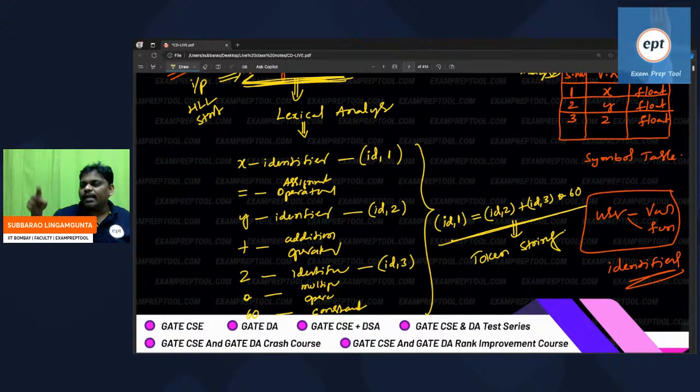Whenever scanning is going on, the scanner will identify: oh, it is the right eye, the left eye, the nose, the brain, the mouth. The scanner will identify every part in the body.